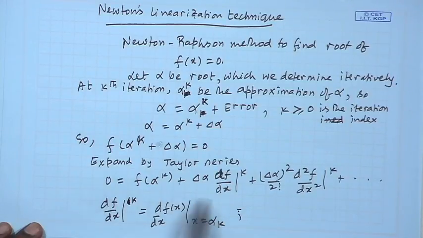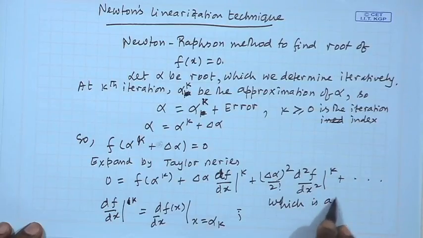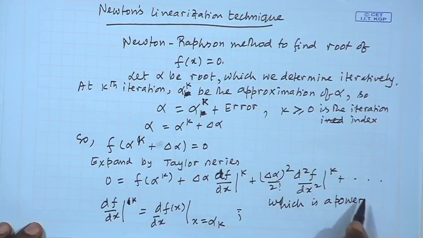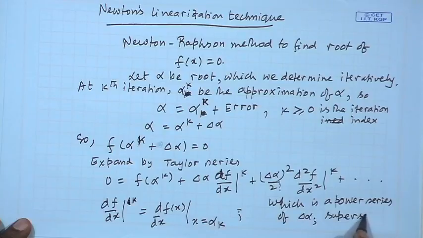Now, what we find is that this is a power series in delta alpha. All the quantities with superscript k are known.